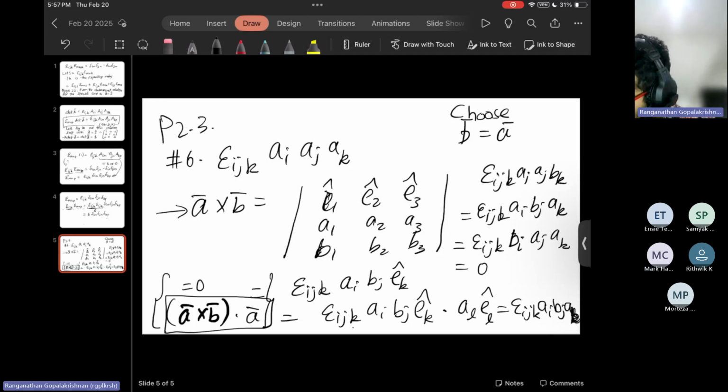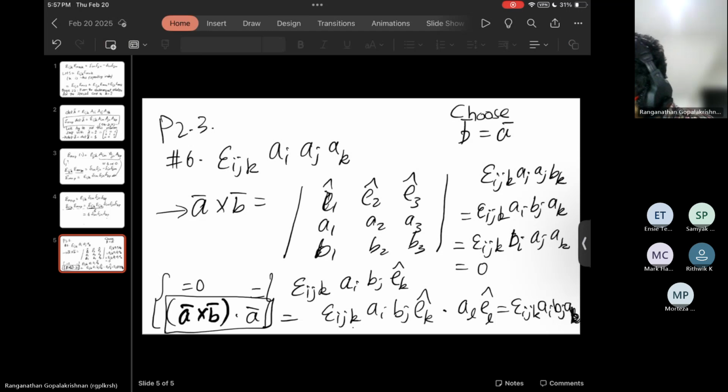How do I know this for the cross product?